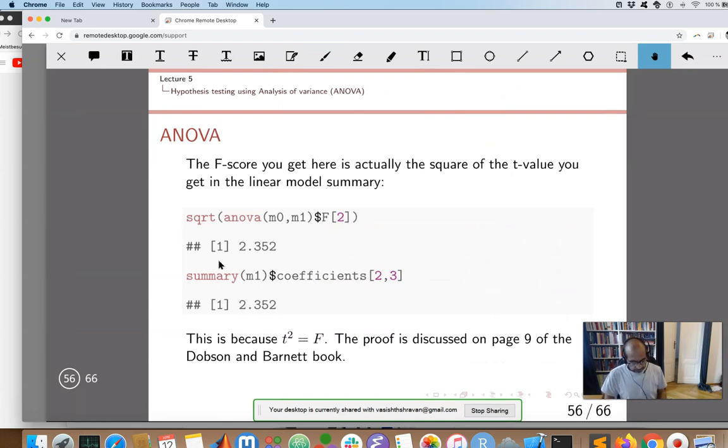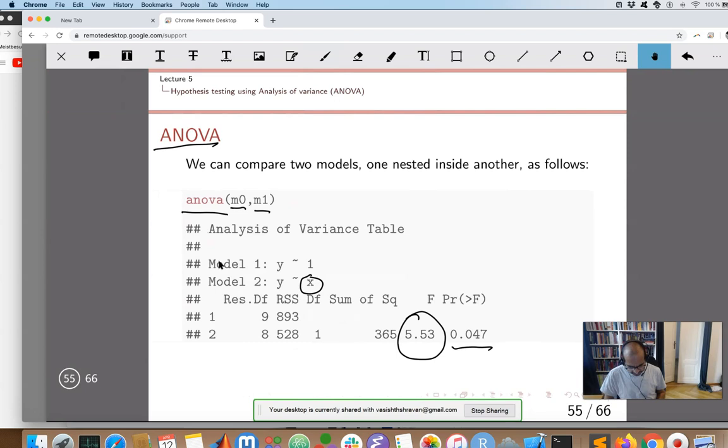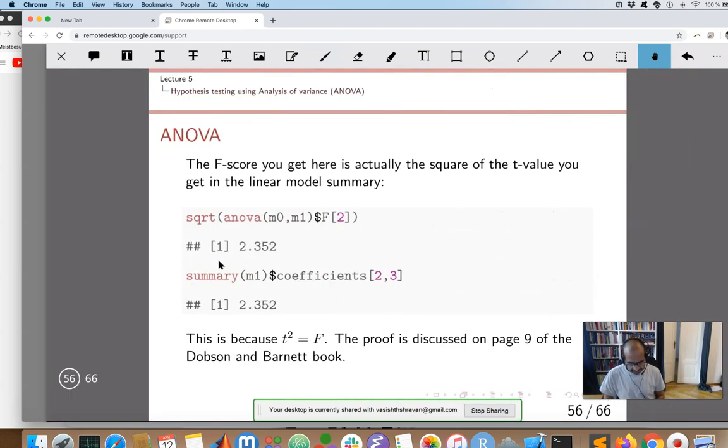So this F score that you're seeing here, 5.53, is actually the square of the t-value that you would get in a t-test with the linear model, right? So in the ANOVA, I can extract the F score, and if I take the square root of that, I get a value that is 2.352.